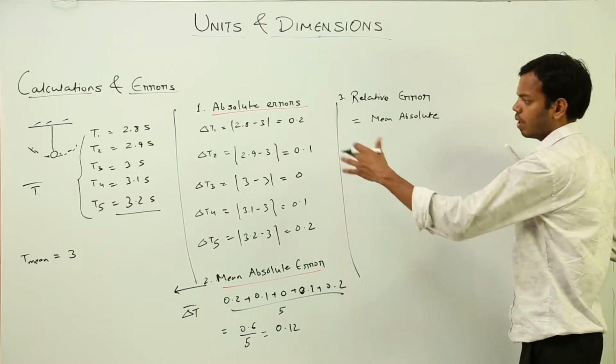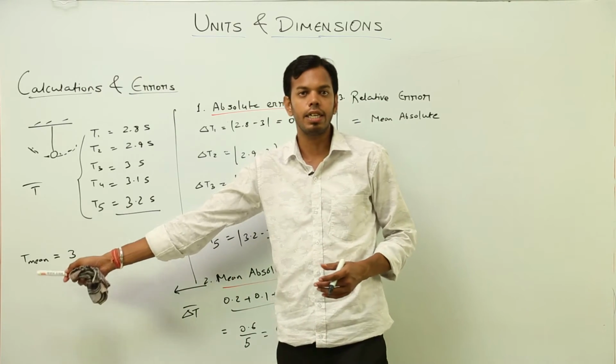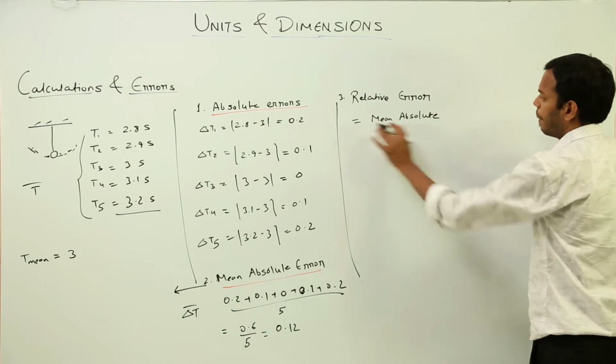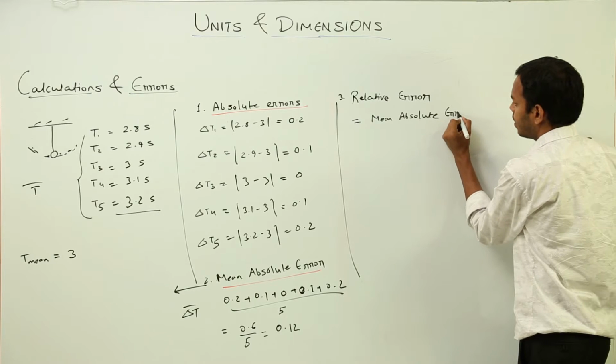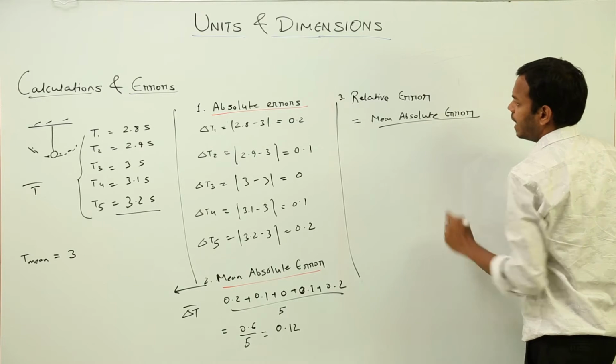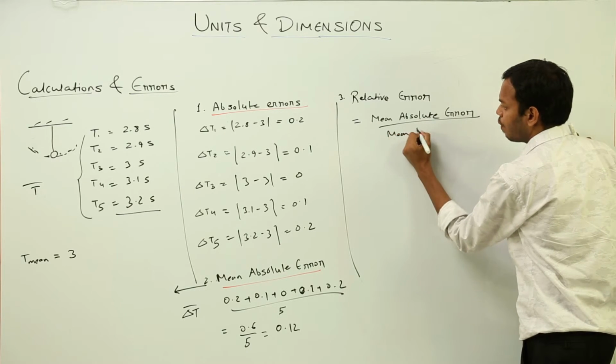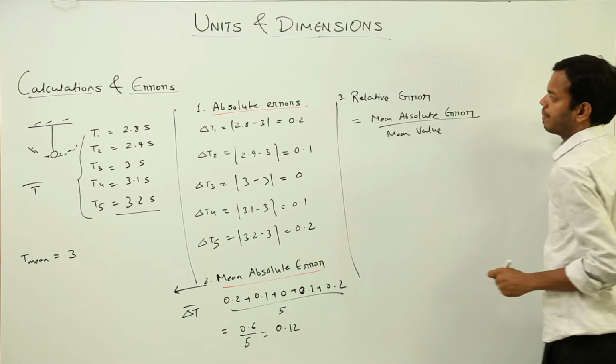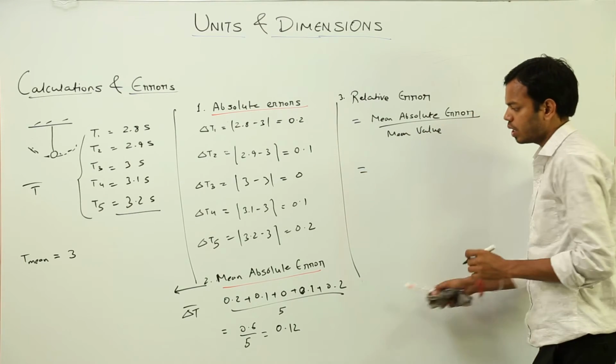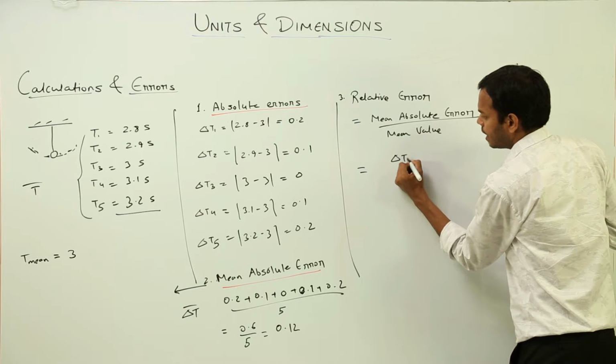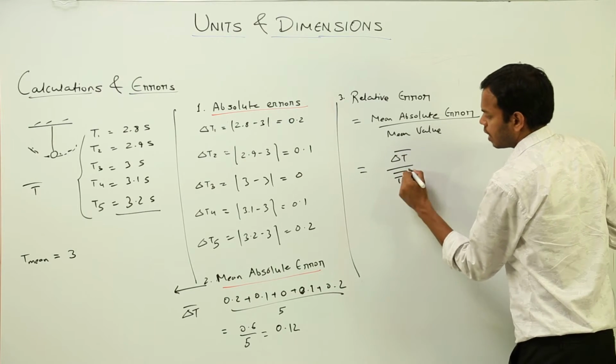So instead of t bar I am using the symbol t mean. So here also it is the mean absolute error, delta t bar, divided by the mean value of the whole system.